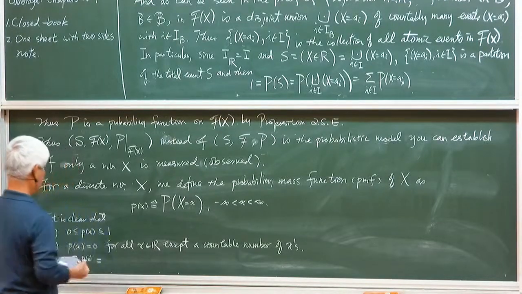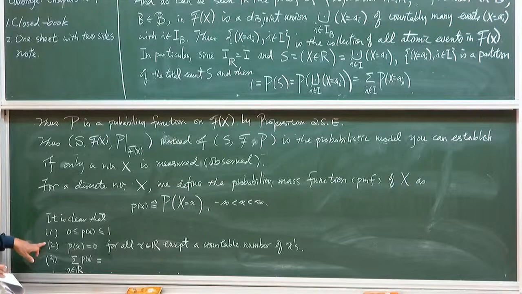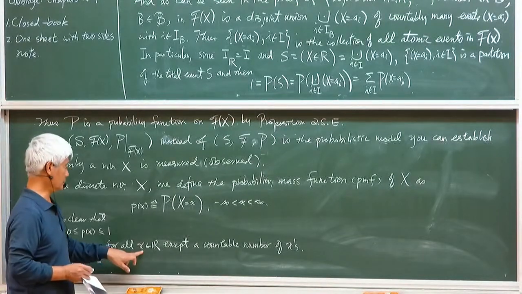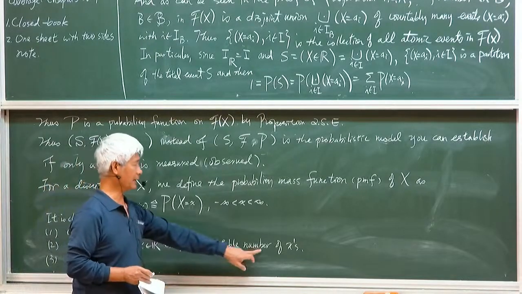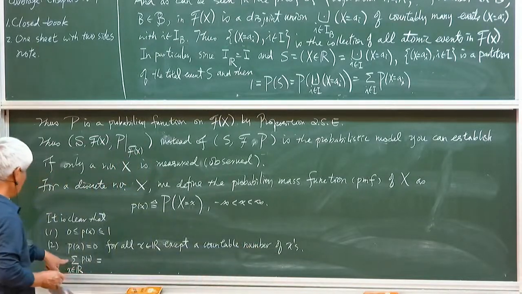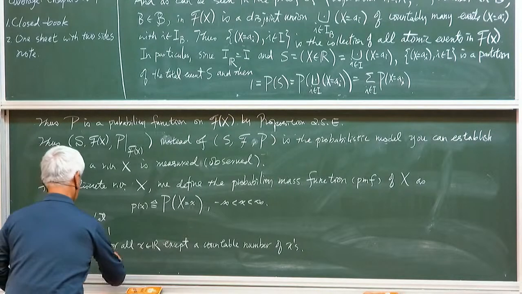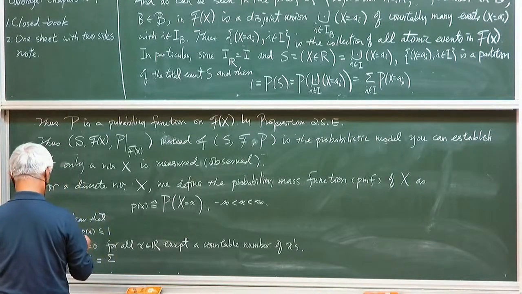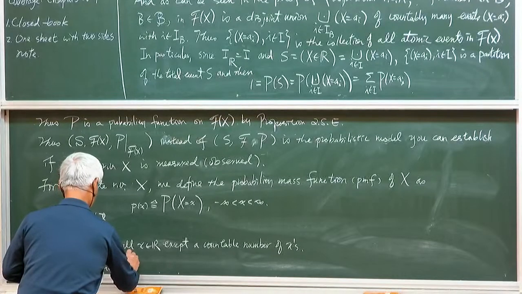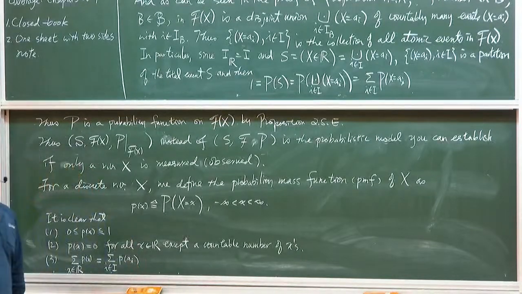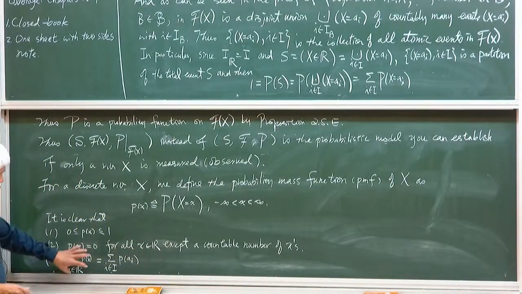Actually, we can do that because of the second point: the function is 0 for all x except a countable number of a_i's. So the sum is actually a countable sum of p of a_i.